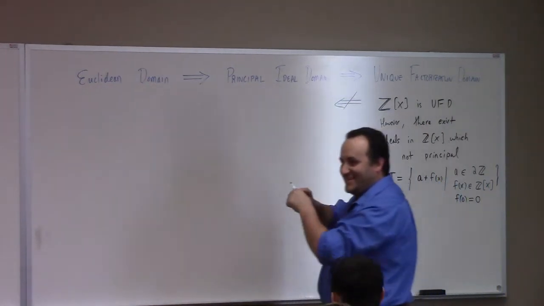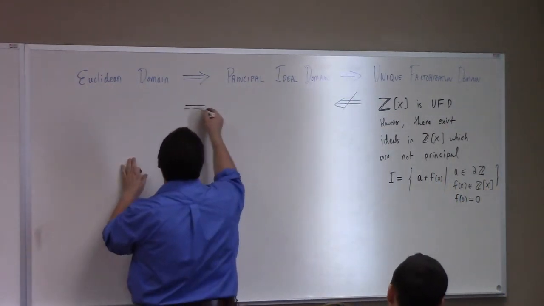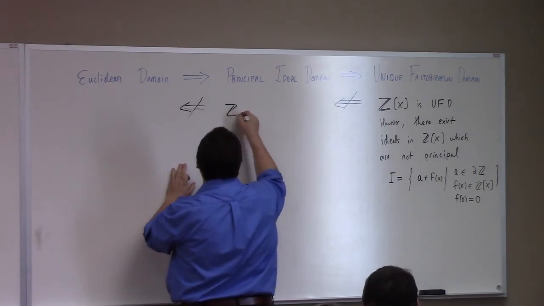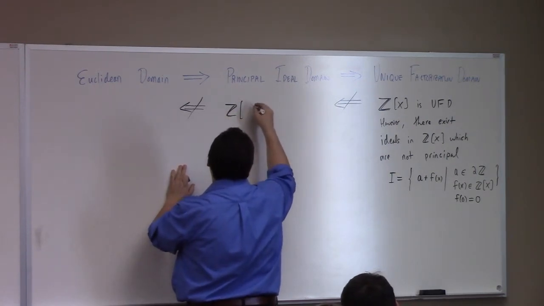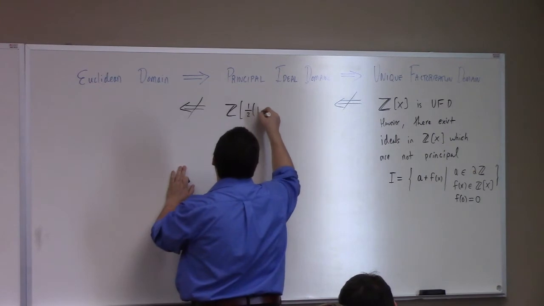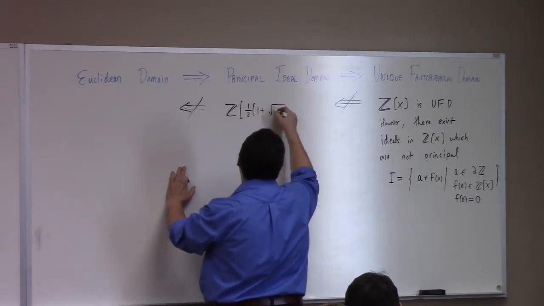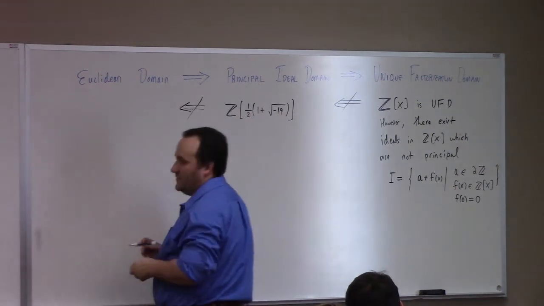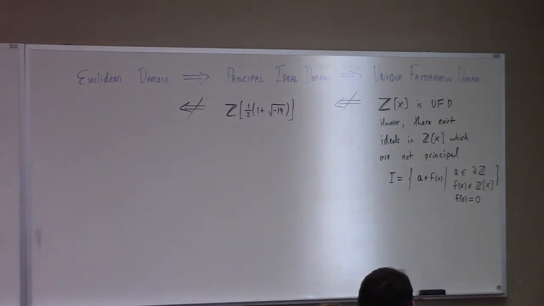This one here is not as easy. I think what we have is Z adjoin 1/2 of 1 plus the square root of minus 19. It is a principal ideal domain in which there does not exist a Euclidean function.